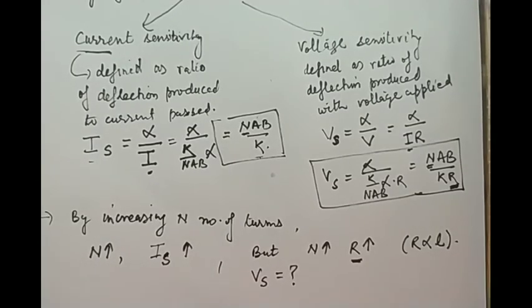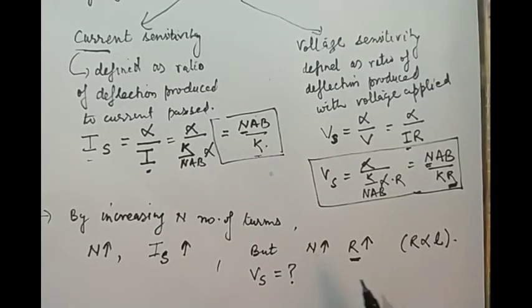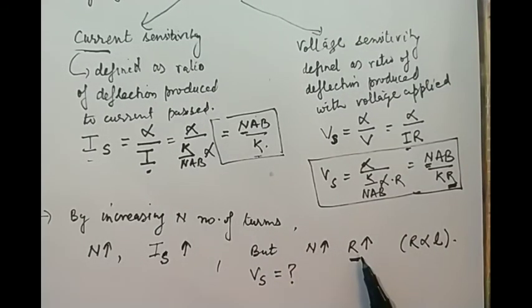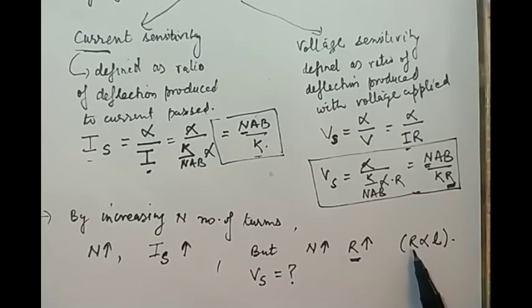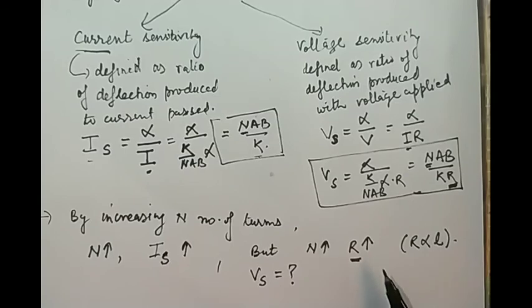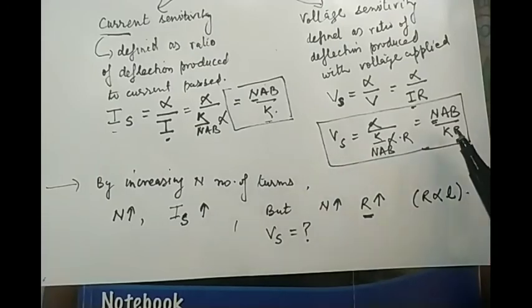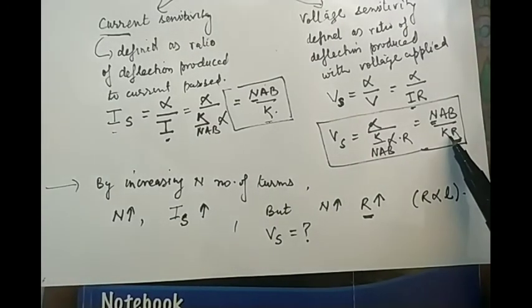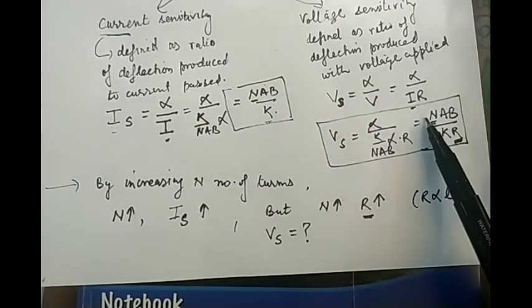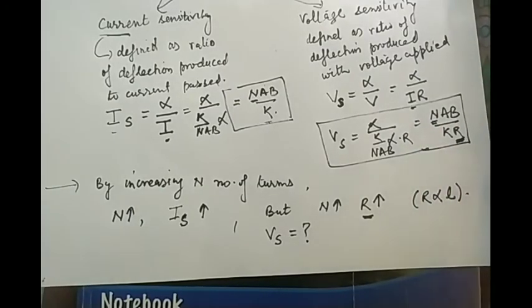But the problem is that if you increase the number of turns, the resistance of the wire will also increase, because more turns need more length, and resistance is proportional to length. Voltage sensitivity is inversely proportional to the resistance. So we can say that by increasing the number of turns, you may not be increasing the voltage sensitivity. Thank you.